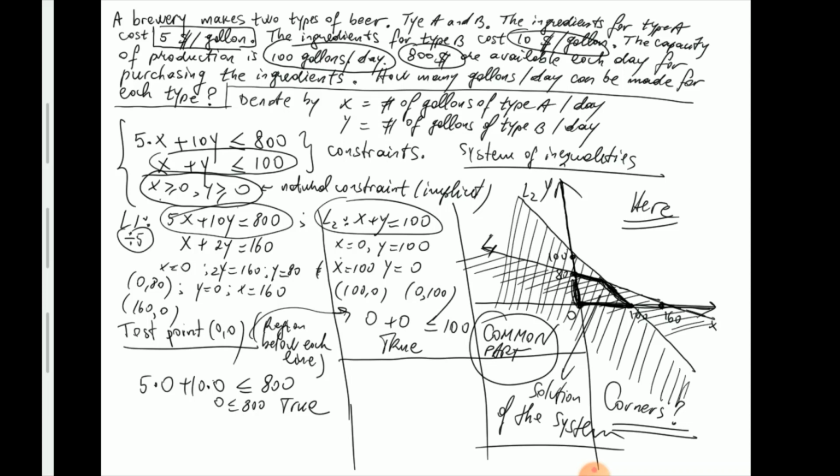So what do I mean by solution of the system? It means that to satisfy the conditions in the problem, you have to pick a point in the interior of this closed region. Any point in that interior will satisfy the inequalities. You still have infinitely many solutions, but those solutions are restricted to the interior of that region.